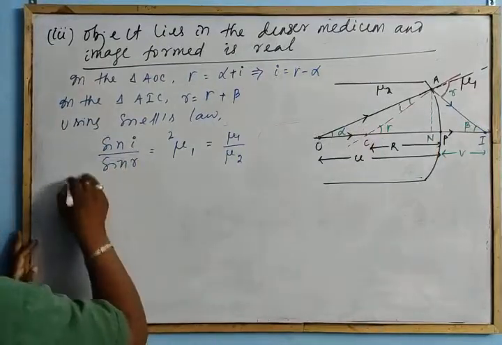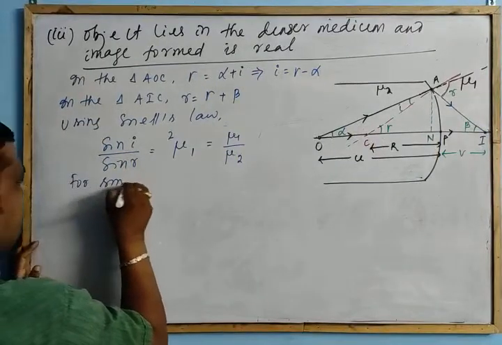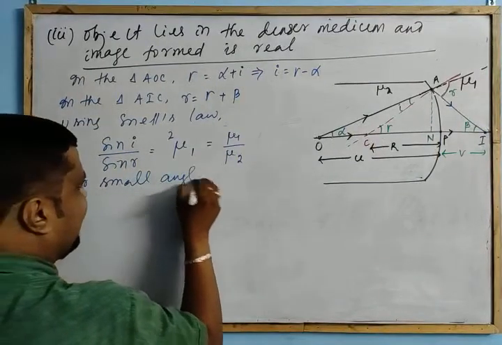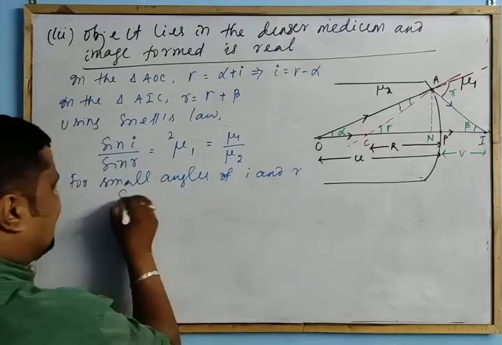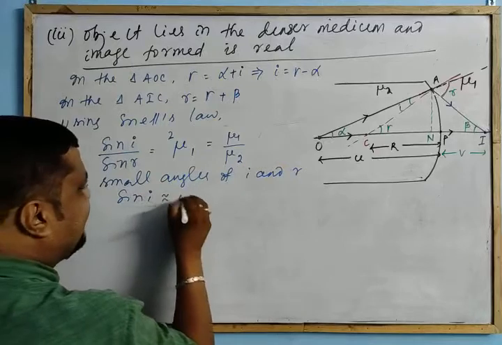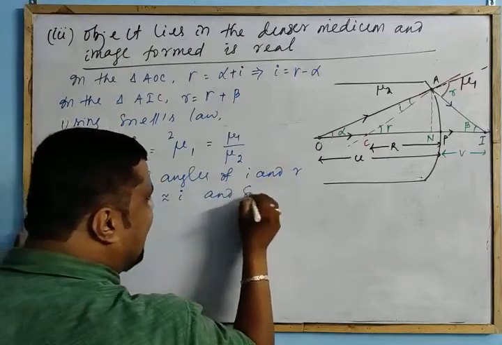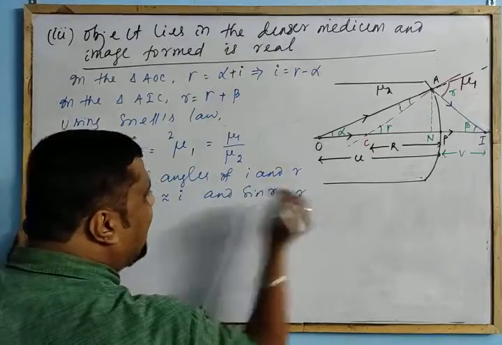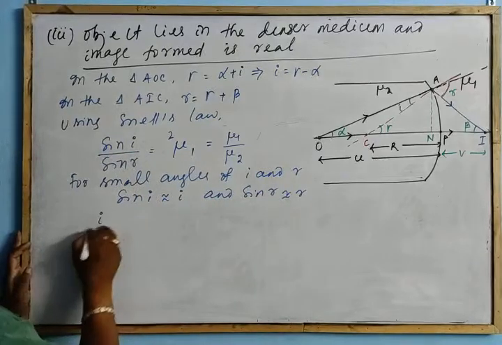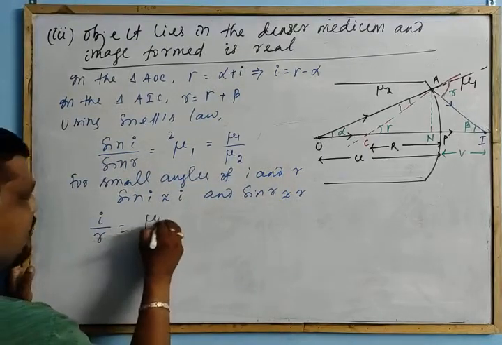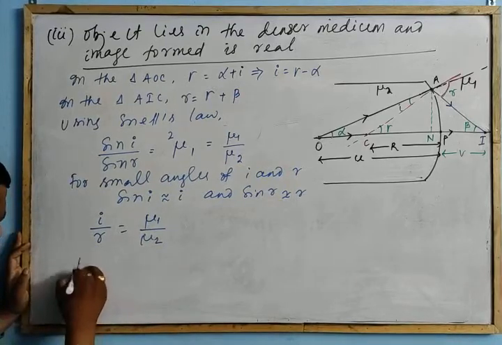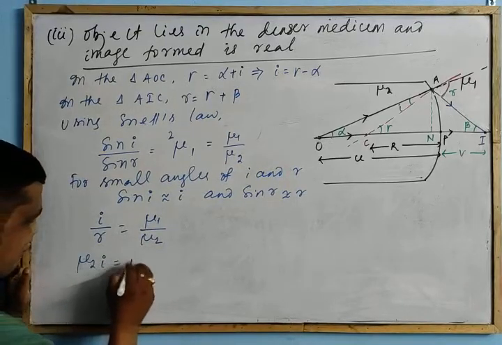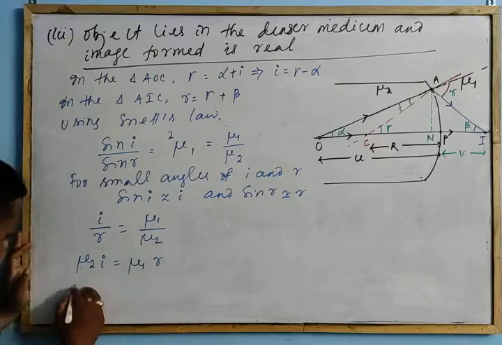So for small angles of i and r, sin i is equal to i and sin r is equal to r. So i by r is equal to mu1 by mu2, or mu2 into i is equal to mu1 into r.